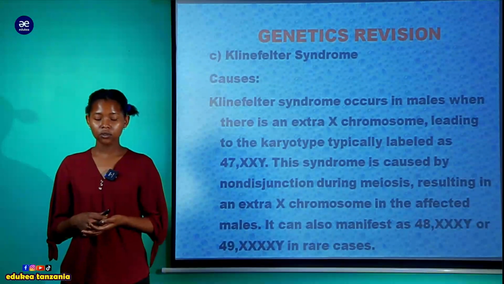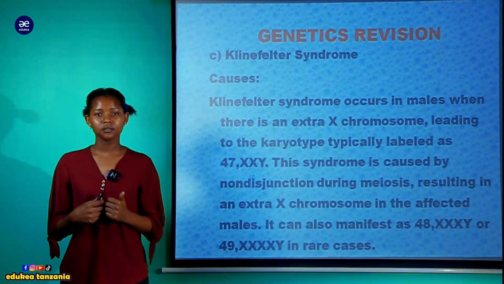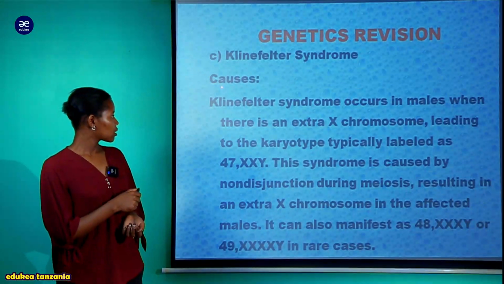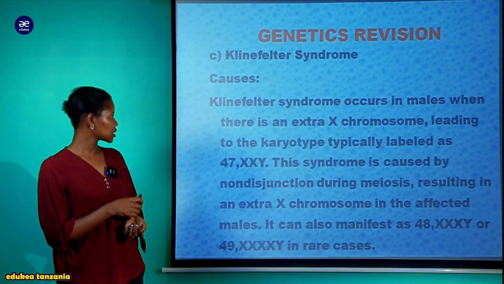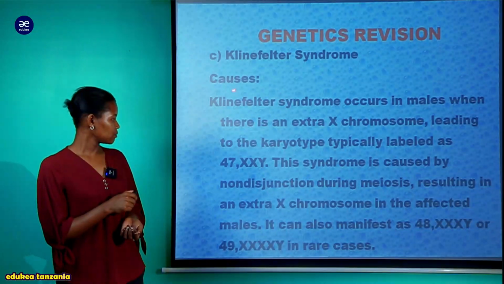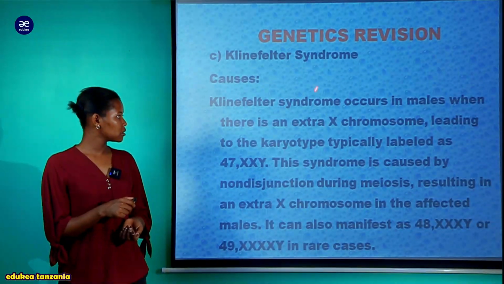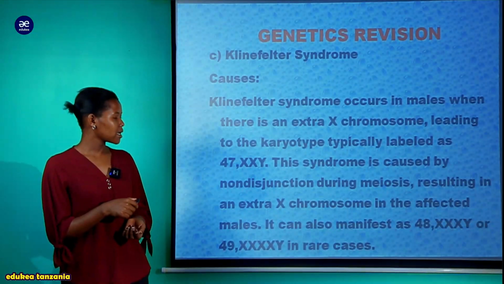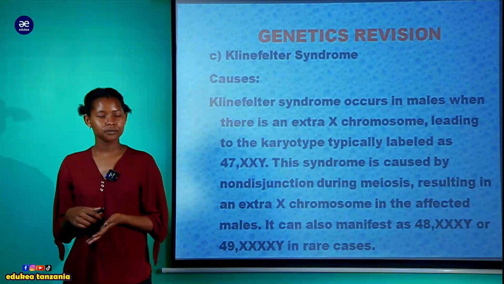Now we are going to look at the final one, the final disorder ambao ni Klinefelter syndrome. The causes of Klinefelter syndrome: this is the disease which occurs in male by having an extra X chromosome.